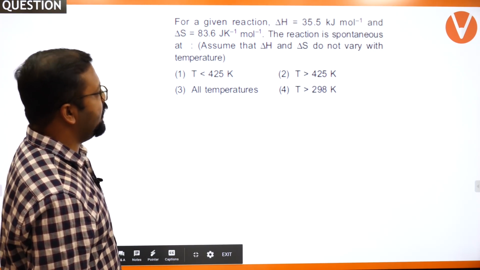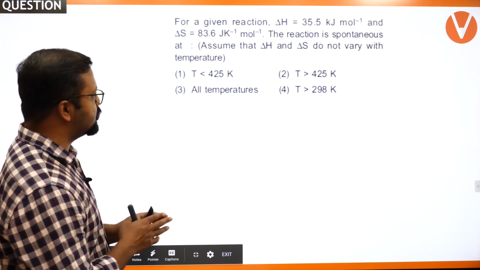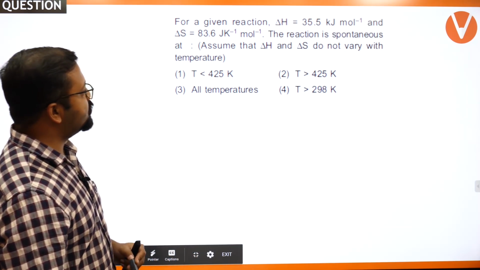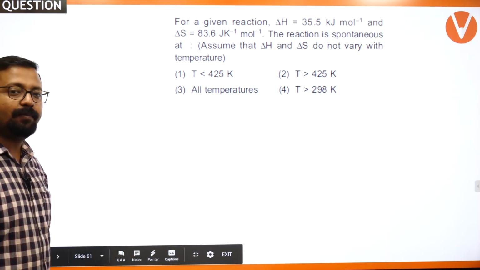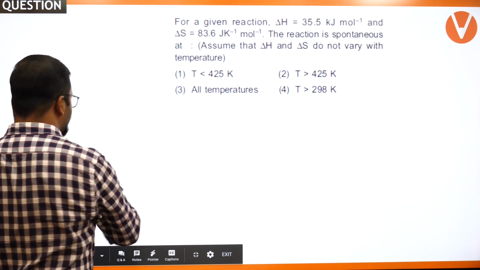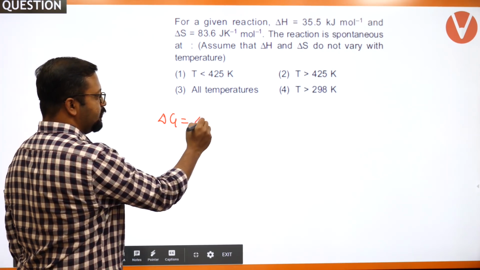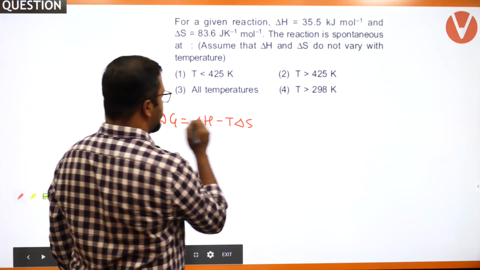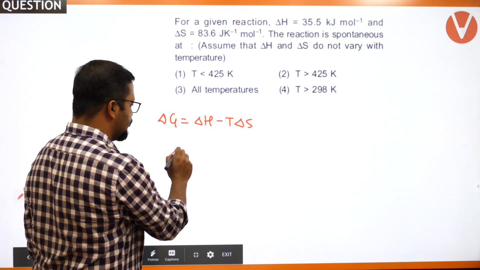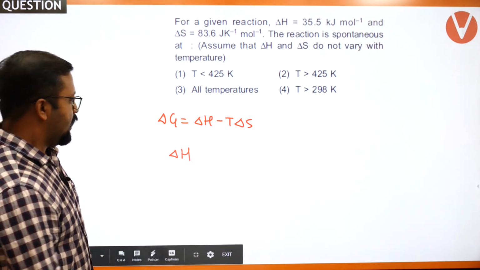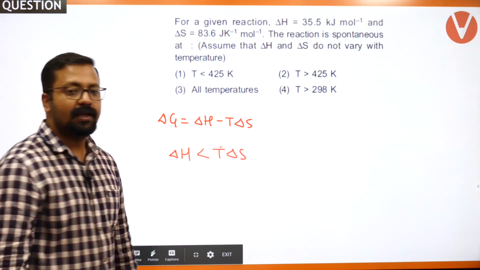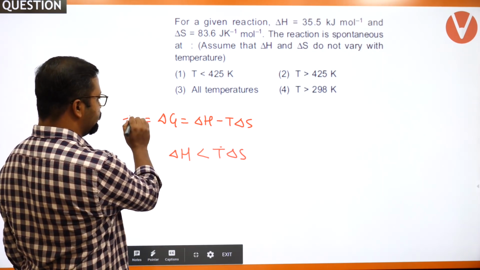Next, for a given reaction, delta H is 35.5 kilojoules and delta S is 83.6 joule per Kelvin. The reaction is spontaneous at which temperature? So I know that delta G is equal to delta H minus T delta S. If it is spontaneous, then delta H should be less than T delta S. For it to be spontaneous, this has to be negative.